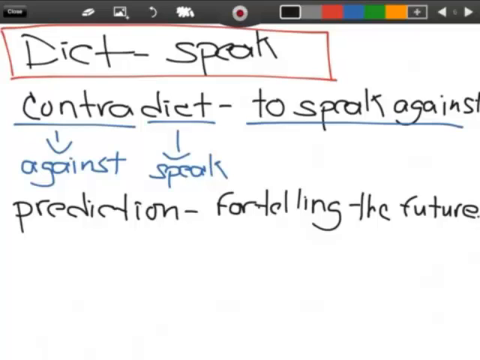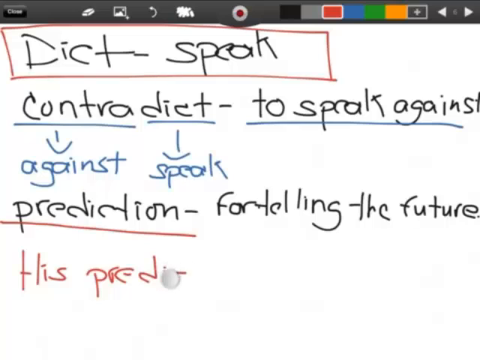And I'm going to use this in a sentence.